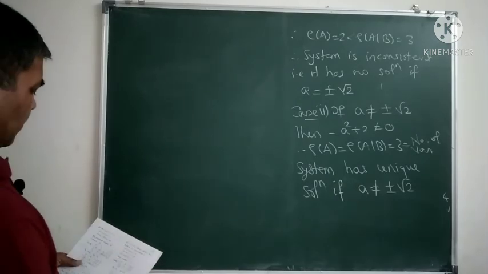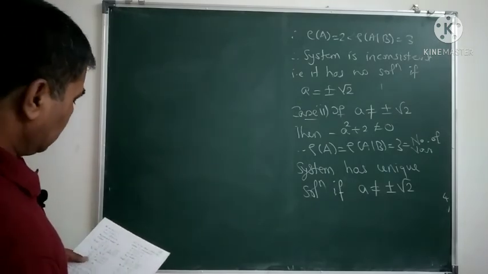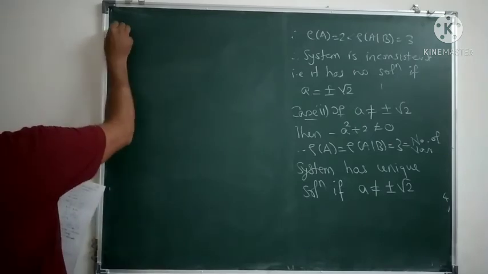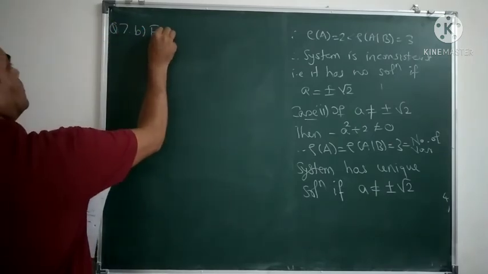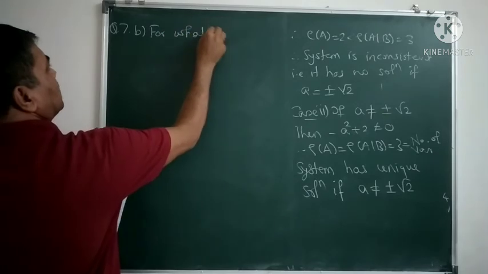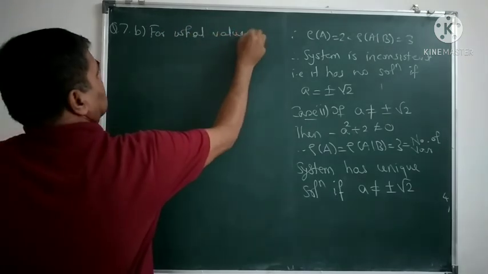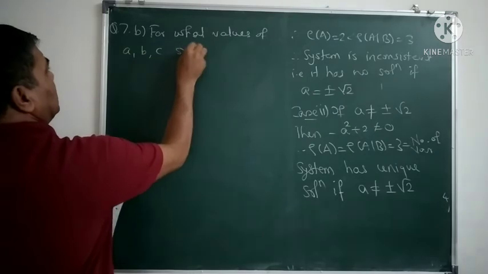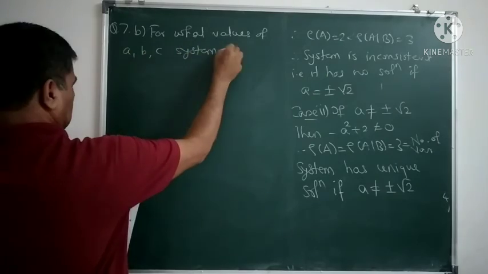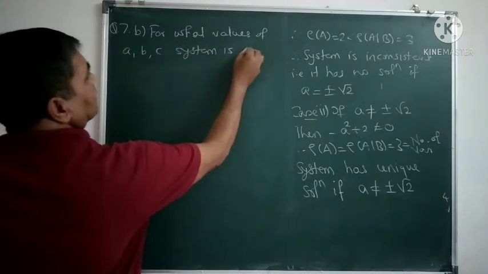For what values of A, B, C is the system consistent?